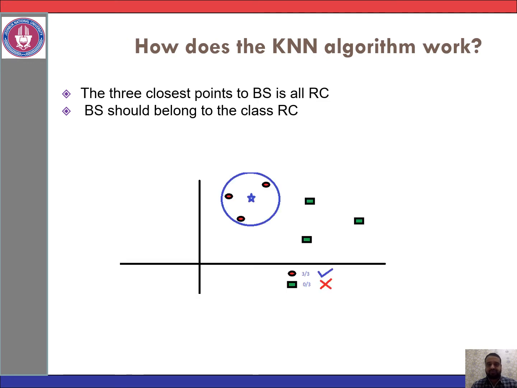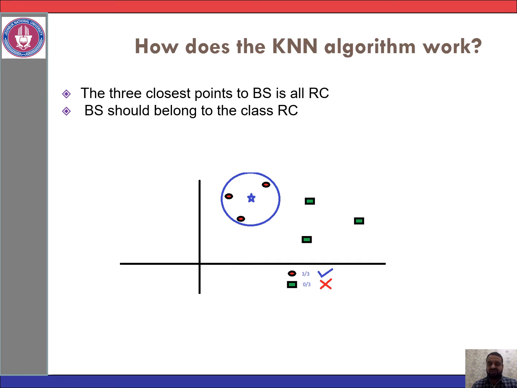Now we will find the distance of this star from each of the samples in both the classes, and then arrange the distance matrix in the ascending order and pick the top three candidates. So here when we calculated the distances, this star testing sample picked all three red circles as its nearest neighbors.